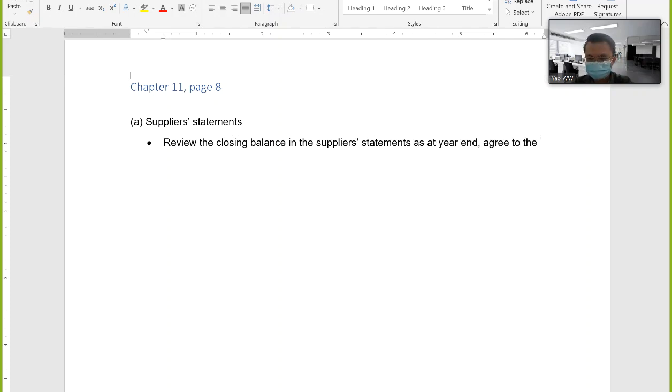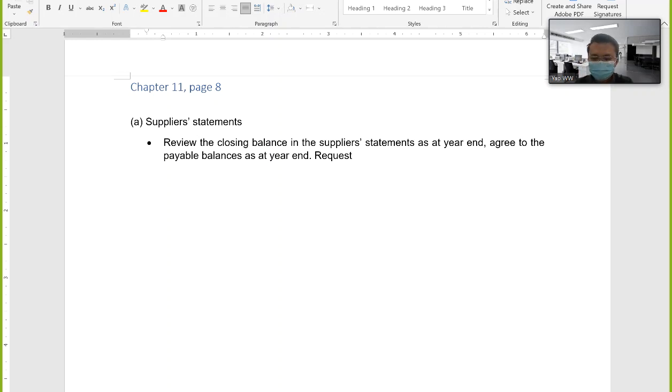Agree to the payable balances as at year end. Of course, not all supplier statements are able to agree with the payable balance. We seldom see accounts so nicely done. Even though your payable balances are correct, it doesn't mean that your suppliers' are going to be correct. So you just try to agree.